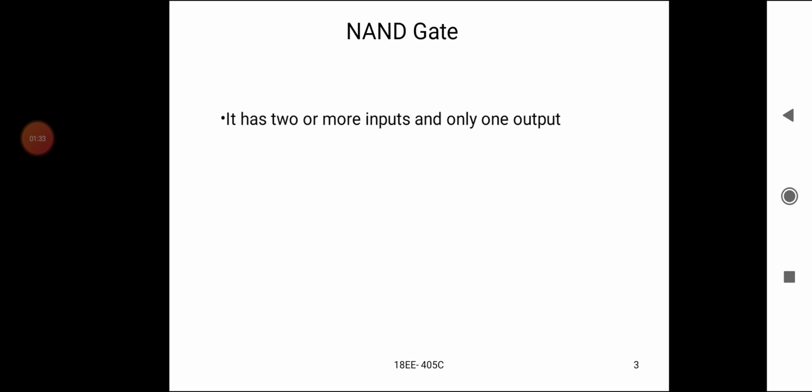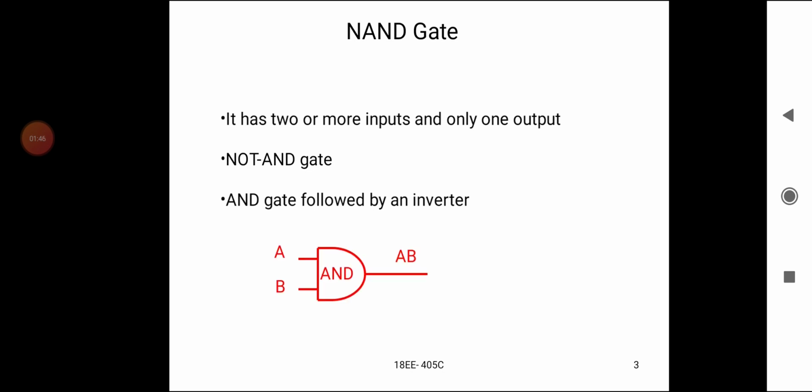NAND gate has two or more inputs and only one output. NOT AND gate: an AND gate followed by an inverter. Here we have taken a two input AND gate.